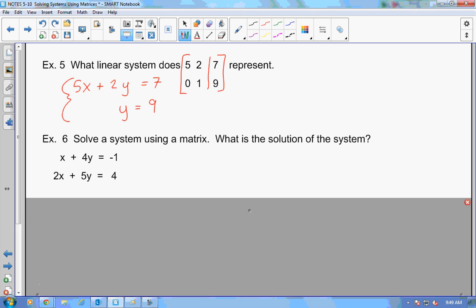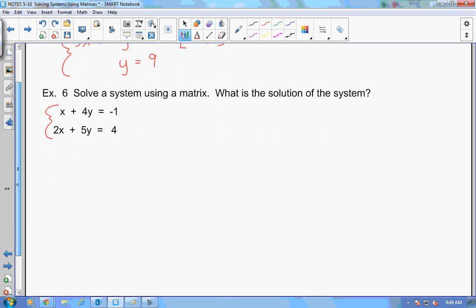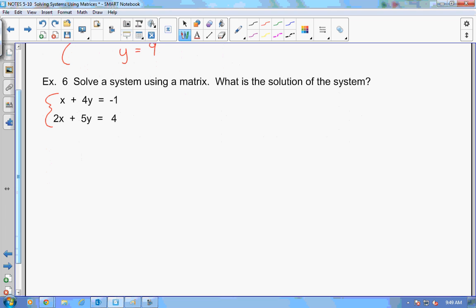Okay, now we're going to do the puzzle that you guys were trying at the beginning. We're going to try to solve this system using matrices. Okay, so since it's a system, I'll put a squiggly brace. First, to solve, we're going to write it in form of a matrix.